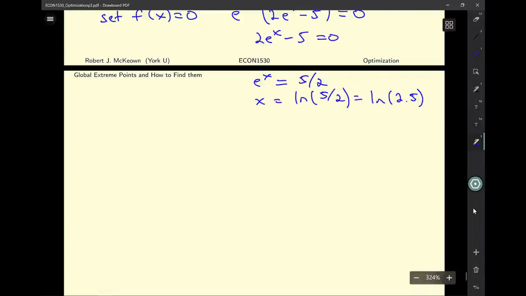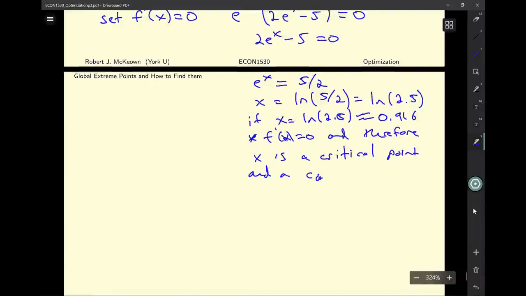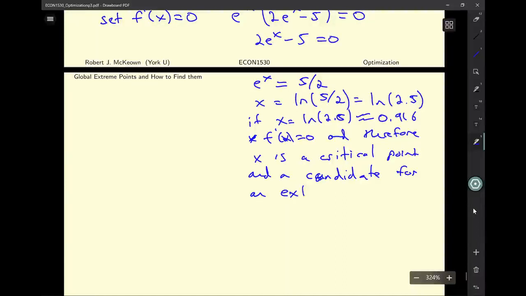Now we have one critical point. If x is equal to the log of 2.5, which is approximately equal to 0.916, f prime of x is equal to 0, and therefore x is a critical point and a candidate for an extreme value, max or min.